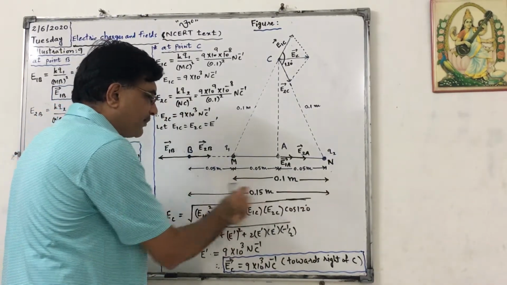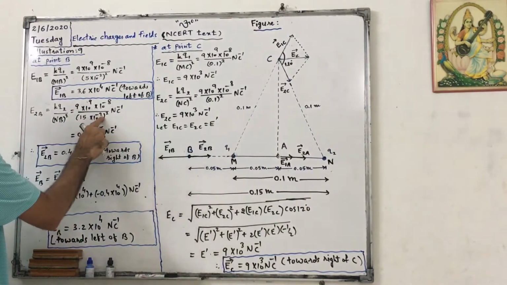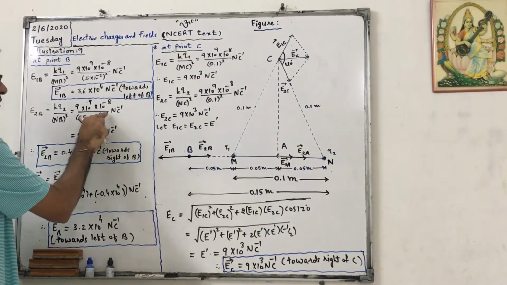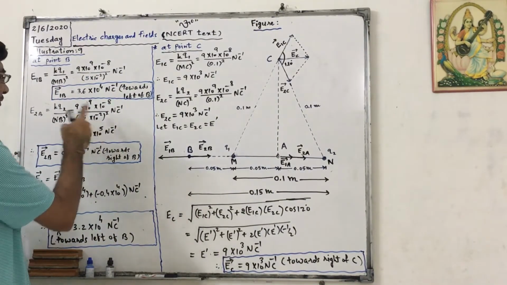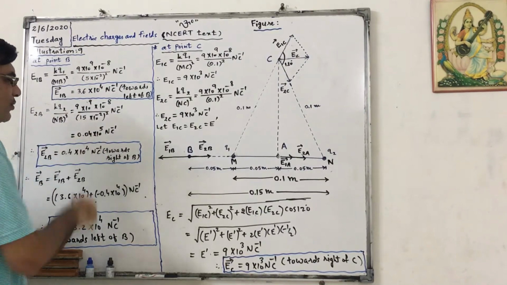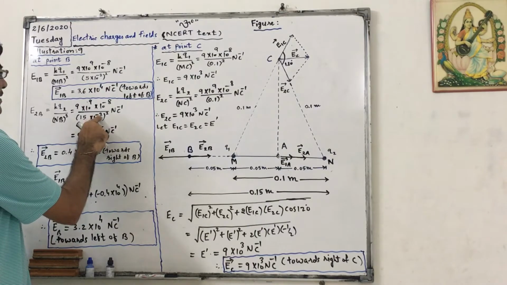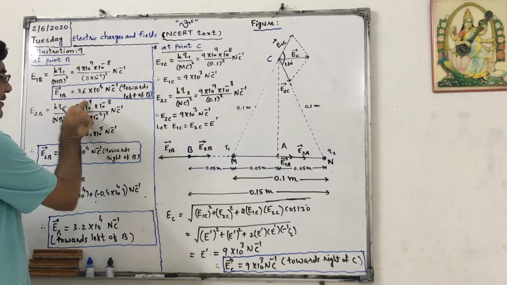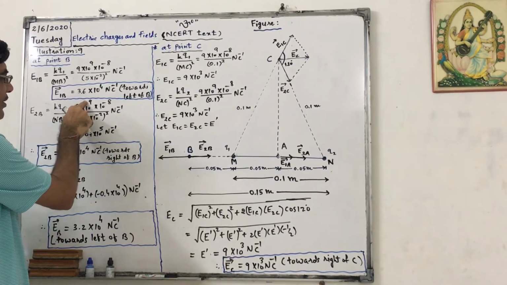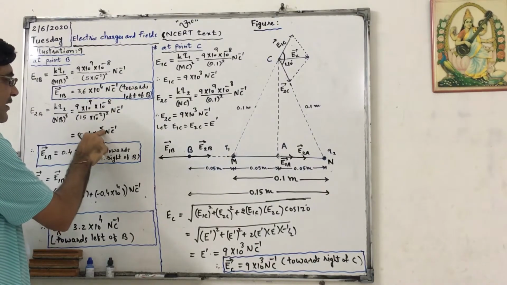So it is 0.15 meter, which can be written as 15 into 10 raised to minus 2 and square of it. So it will be 0.04 into 10 raised to 5 Newton per Coulomb, because this is 10 raised to minus 4, it will be added here. So 9 plus 4, that is 10 raised to 13, 13 minus 8, that is 10 raised to 5.